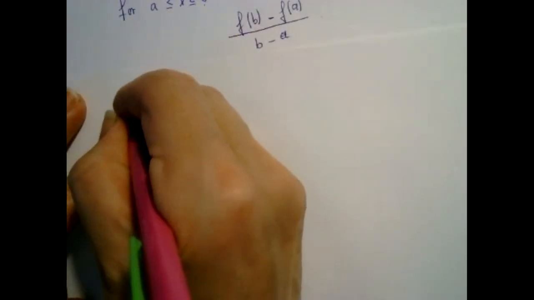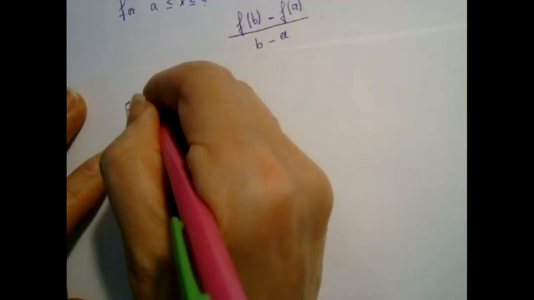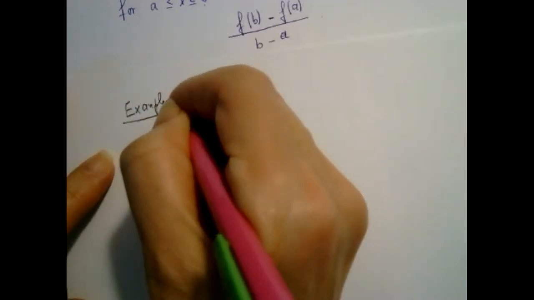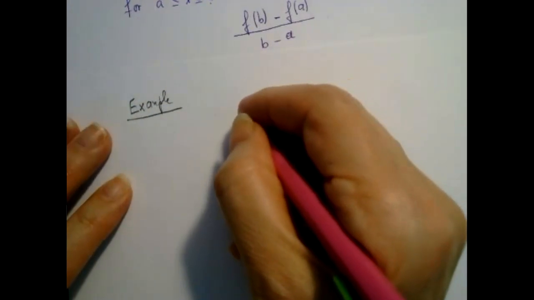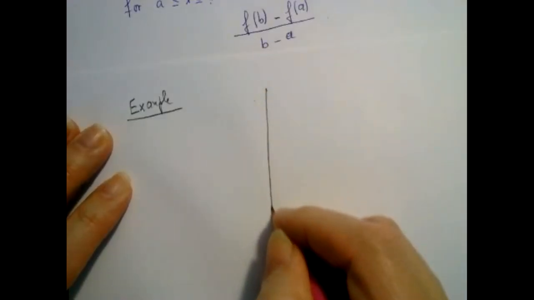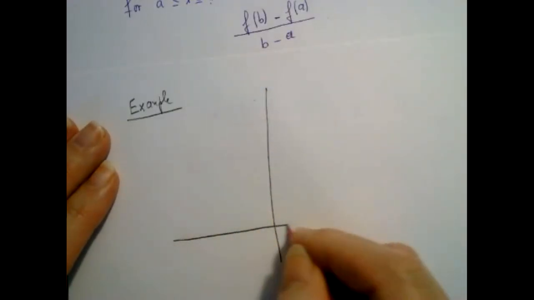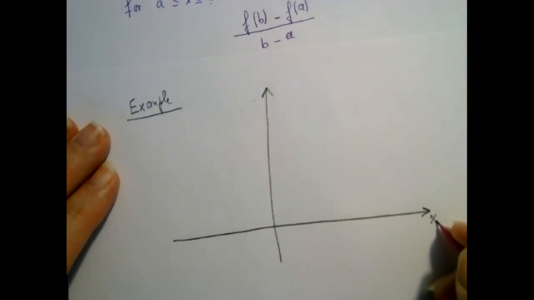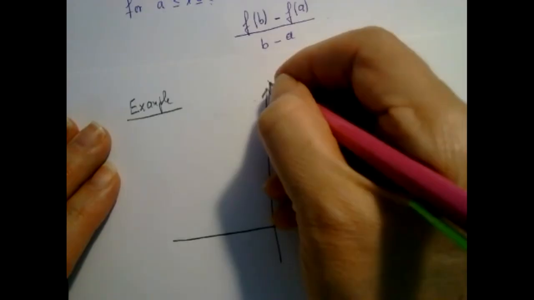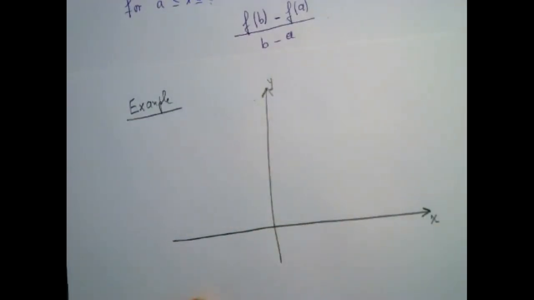So let's see an example. I'm going to take the following graph. The x value is here, and the output values are on the y-axis.